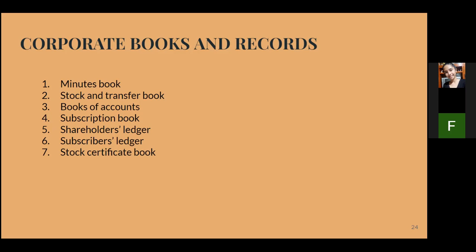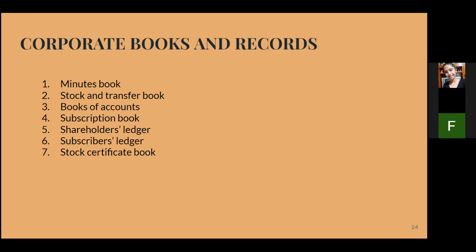The third one, book of accounts. Syempre, lahat ng record ng business transactions normally include journal and ledger. The fourth one, subscription book, book of printed blank subscription. The fifth one, shareholders ledger. Nakalagay naman dito yung number of shares issued to each shareholder.